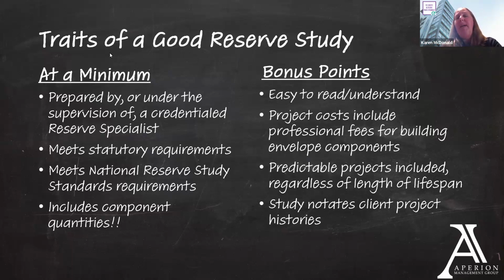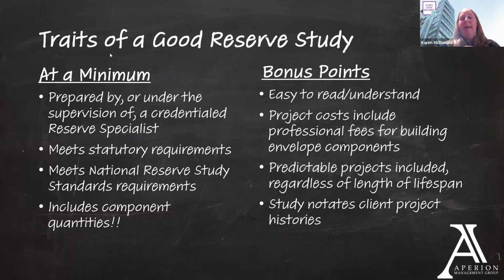Sometimes you will hear the argument made that only items that have a 30-year or less lifespan should be included in the reserve study. That really does not do the association any good, because of the items that might have a longer useful life, let's say siding, which often lasts 50 years or more. If you are omitting that from the reserve study until it reaches a remaining useful life of 30 years or less, you have now shorted yourself a good 20 plus years of saving for that item.